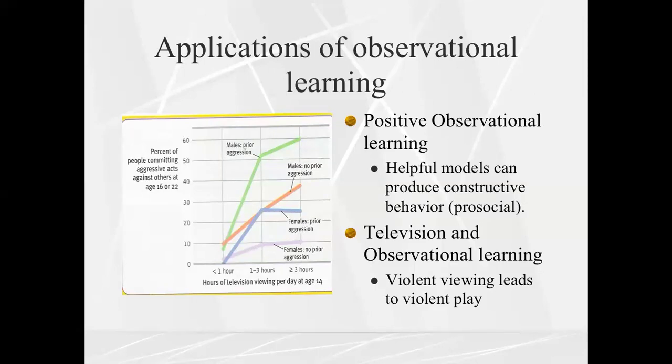So it's pretty cool. You could argue, oh, males are more aggressive than females inherently, or oh, there's a bias that some people have a history of aggression. Taking all four of these things into consideration, we see in all groups a significant increase between those watching less than 1 hour of television versus 3 hours or more.